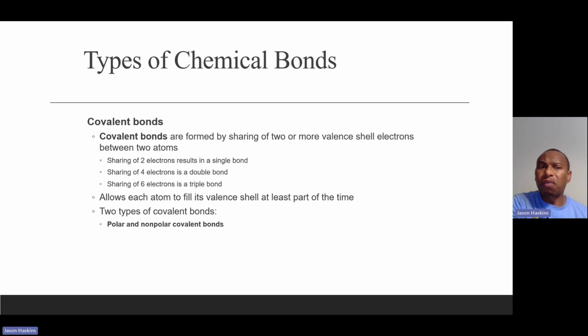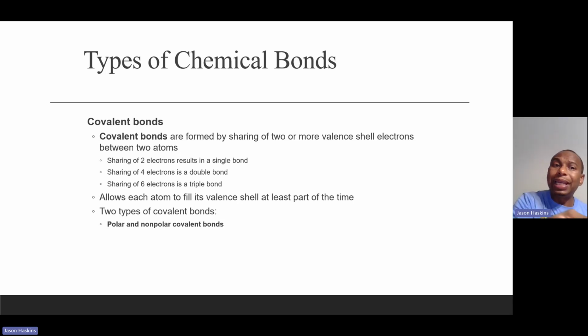So that electron around hydrogen is going to gravitate more towards oxygen, thus giving hydrogen a partial positive charge and giving oxygen a partial negative charge. Because of that, those electrons are unequally shared, right?